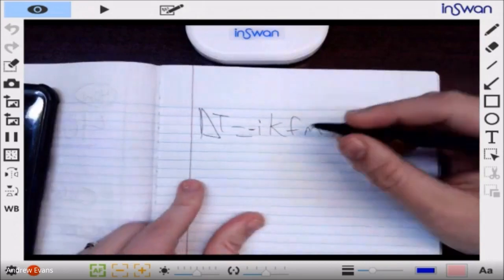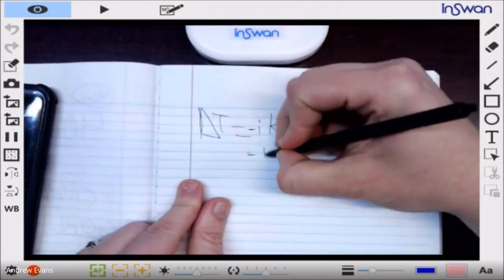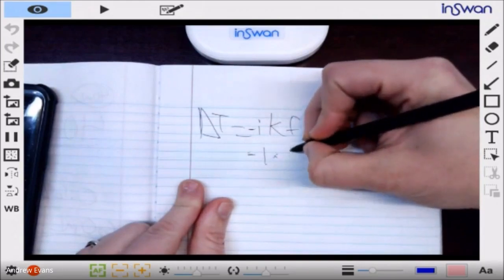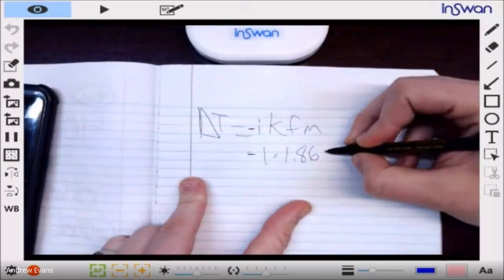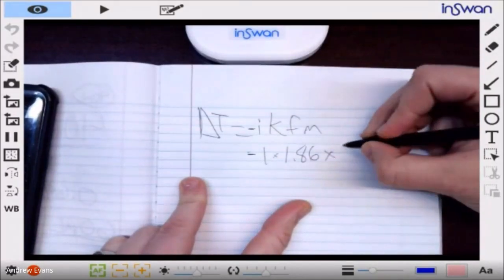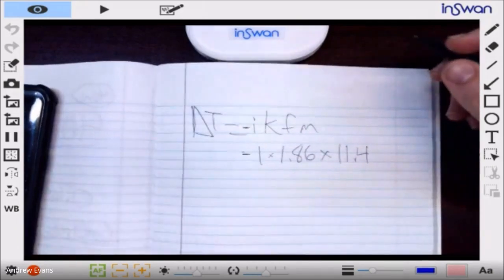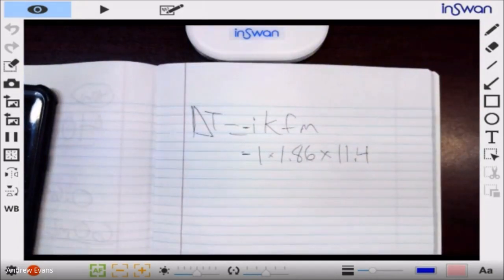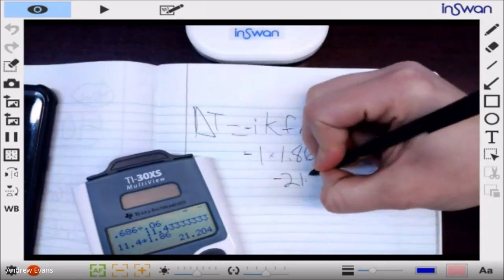Ethanol is mostly organic, so i is 1. So negative 1 times 1.86, which is the Kf I give you, times 11.4. 11.4 times 1.86 means we have a decrease of negative 21.2 degrees.